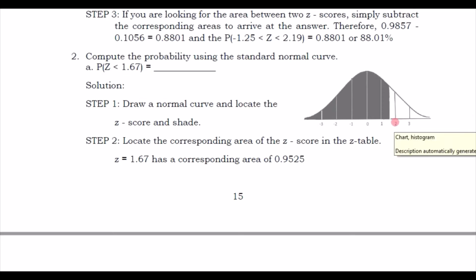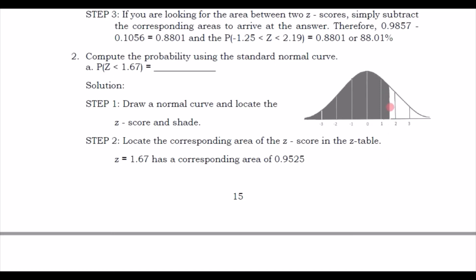So, lahat ng mababa sa 1.67, yun yung isasama mo na isi-shaded mo na part. Okay? So, yun din yung hahanapin mo na area. Yung shaded part. Yun yung hahanapin mo kung gaano siya kalaki. Okay? So, ito na probably, most probably, kasi 1.67 is between 1 and 2. So, ito na yung 1.67. Ito yung point ng 1.67.